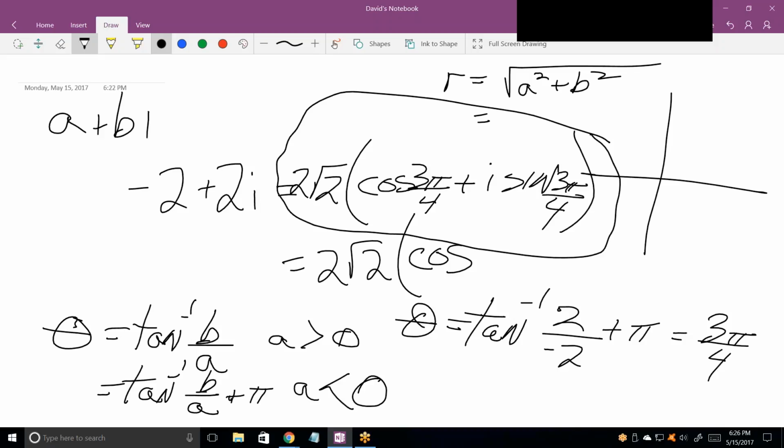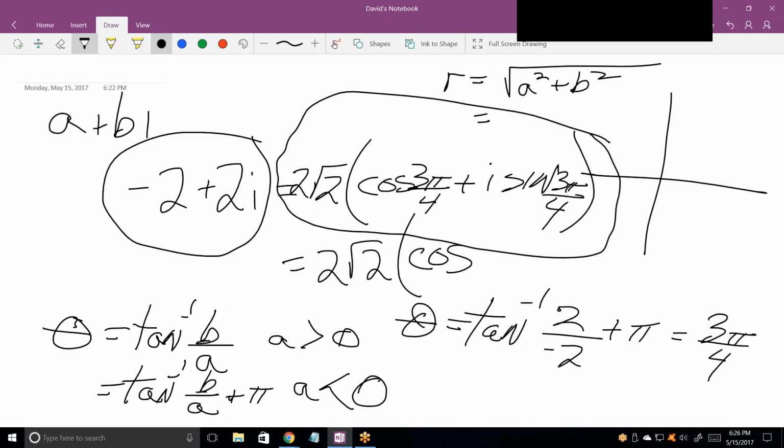You get to the original form. Exactly. In other words, if I plug in what cosine of 3 pi over 4 is and sine of 3 pi over 4, I end up back there. So I wouldn't accomplish much. So when they say put it into the polar trig format, they want it to be cosine of an angle, not the result of that, just the cosine of that angle.